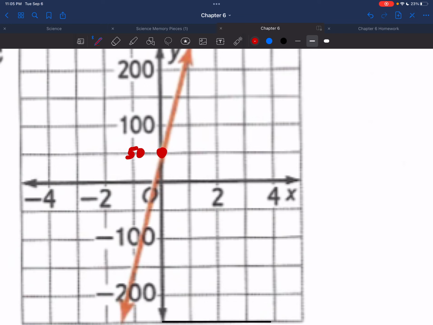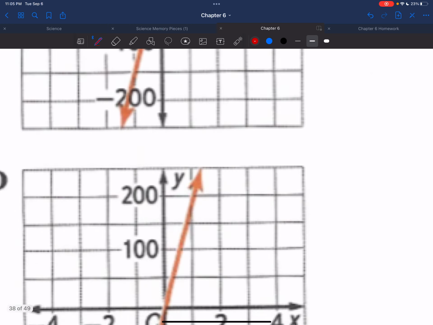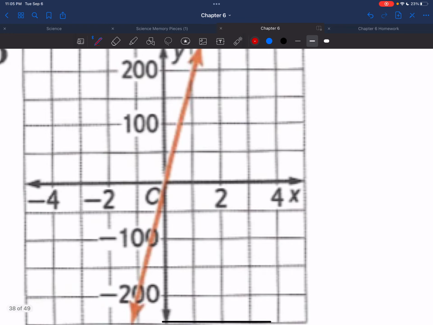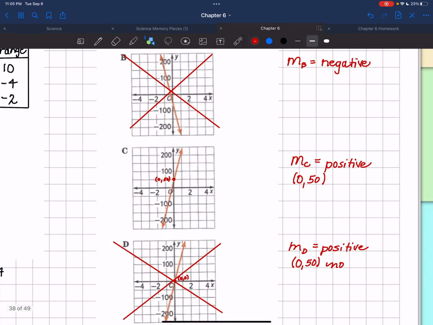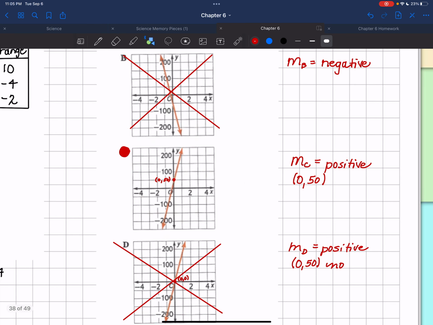So that is 0, 50. This one, there's the y-intercept at 0, 0. So on the basis of the y-intercept, I'm going to eliminate D, and that leaves us with C as our answer.